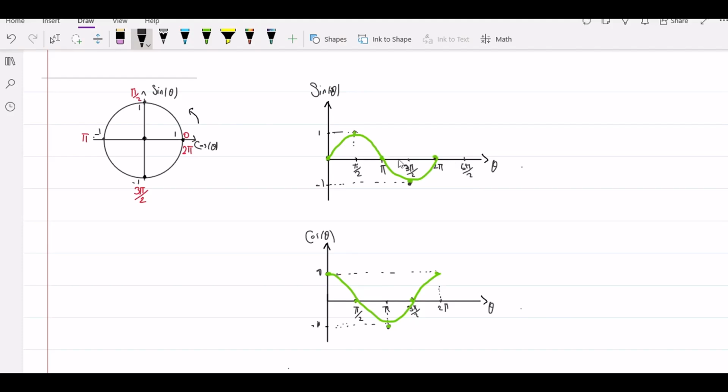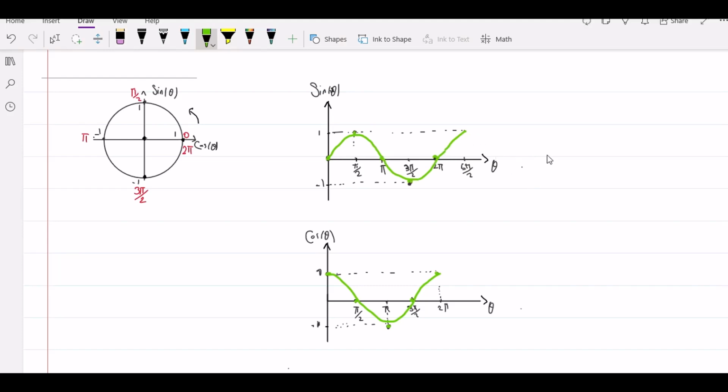And for 5 pi over 2, which is this point on the graph, we would get the value of 1 again. I'm going to draw it in green. It would be like this again. If we continue this way, we are going to get the same shape here as well.